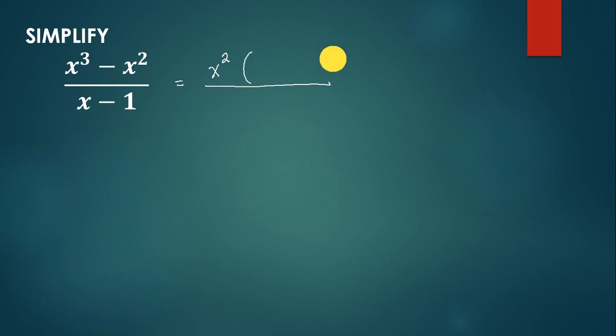Then, kunin natin yung next factor niya. So, we have x cubed. X cubed divided by x squared is equal to, di ba, subtract the exponent. So, that is 3 minus 2. So, this is x raised to 1, or x lang pa. So, we have x.